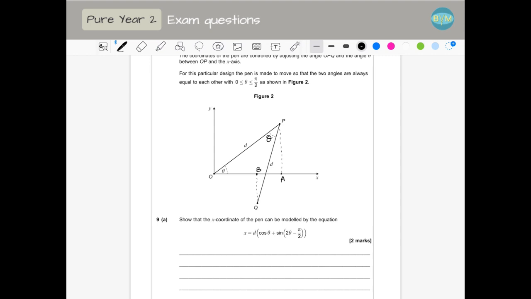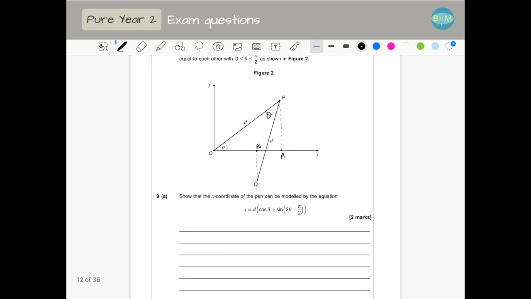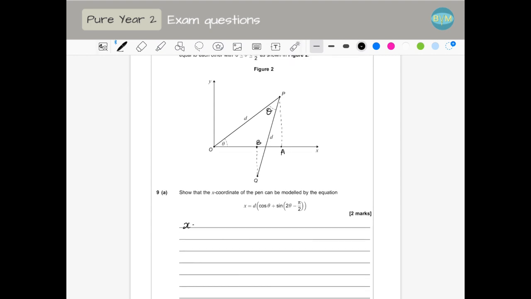Those are going to be relatively easy to find. So let me write that down: X is OB, and OB is OA minus BA, or AB.